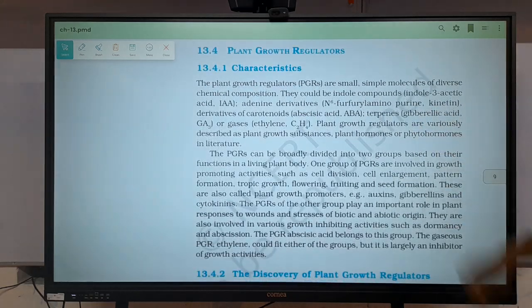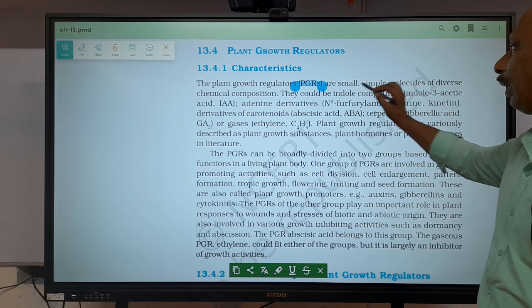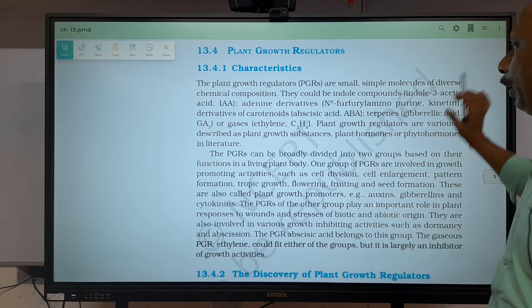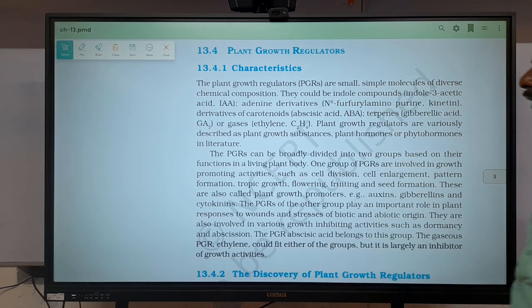Now, plant growth regulators, characteristics. The plant growth regulators, commonly called PGRs, are small simple molecules of diverse chemical composition.